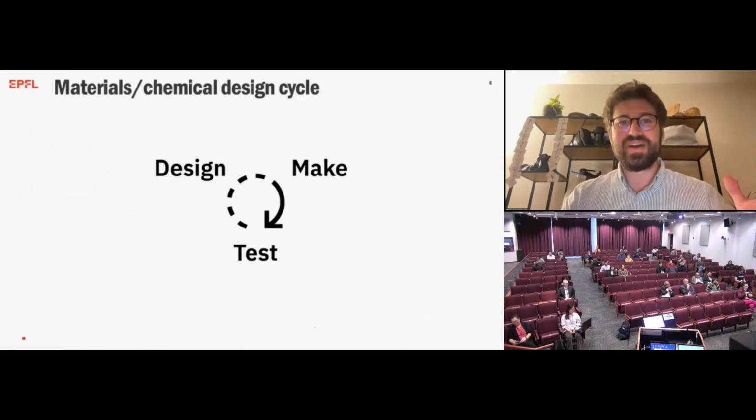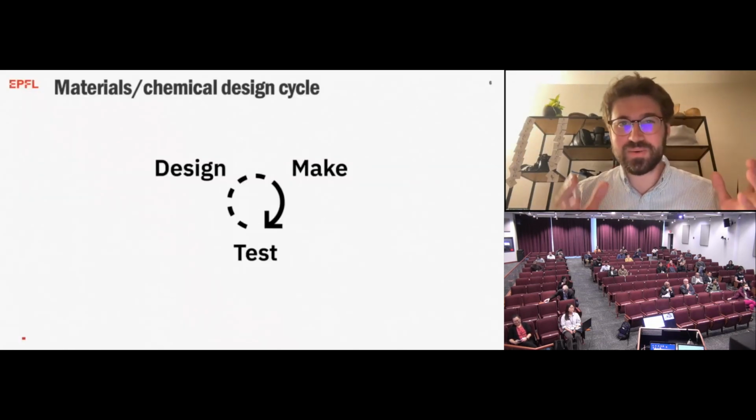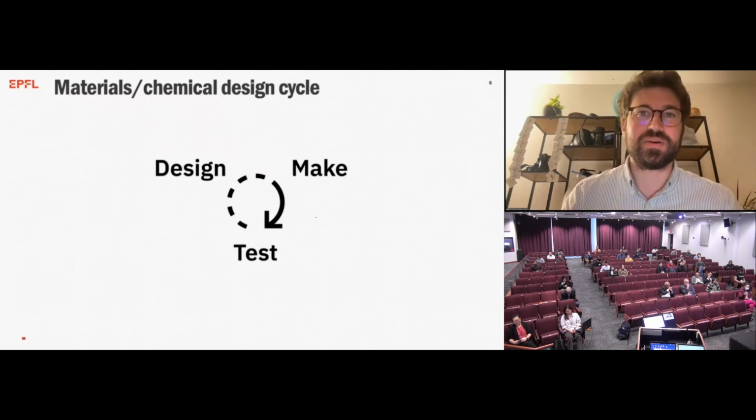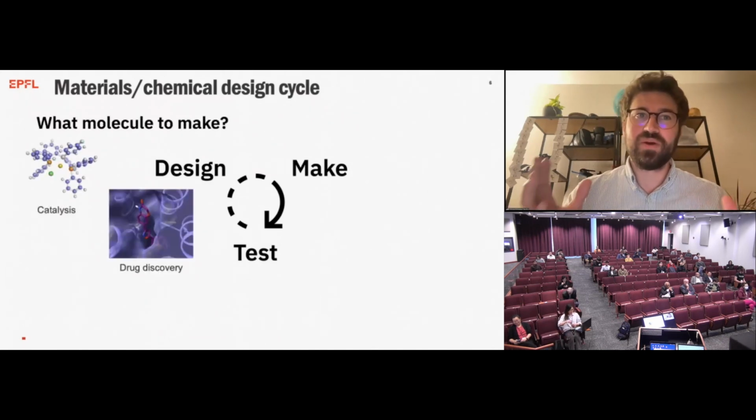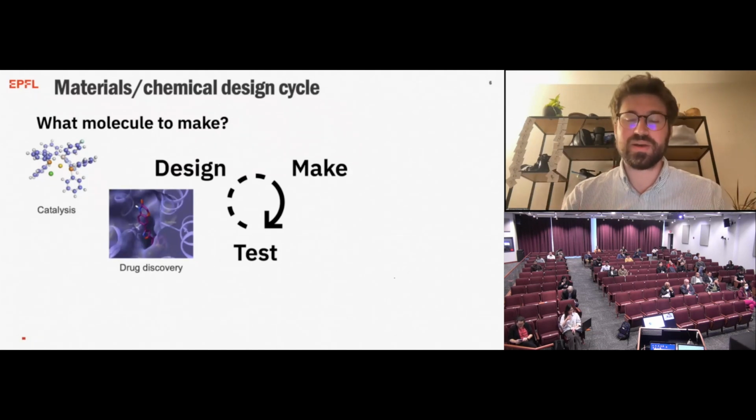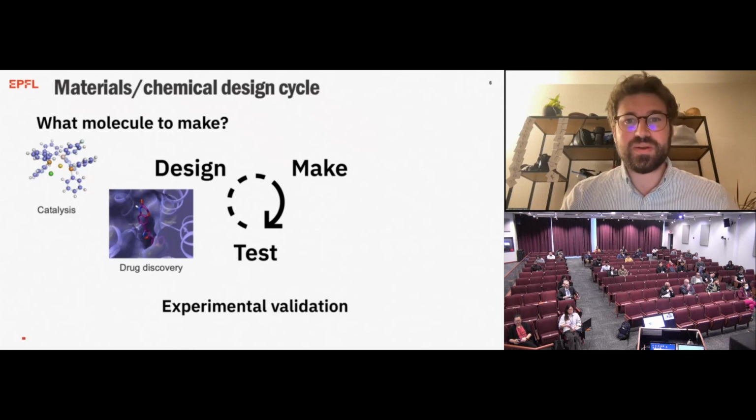My lab at EPFL is thinking about how we can use machine learning to accelerate that chemical design cycle, really from what molecule we want to make, with applications in drug discovery and catalysis. Always thinking of experimental validation. We're a purely digital lab, so we cover that with collaborations.